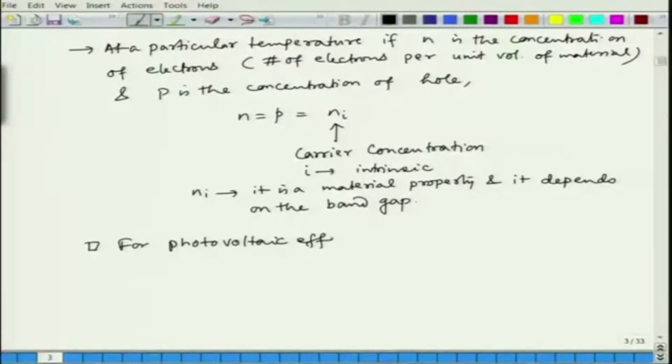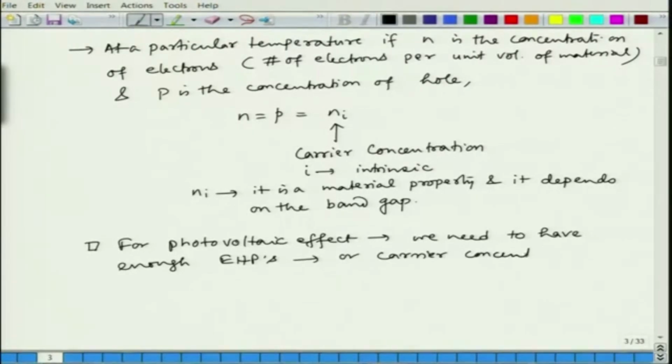How much voltage you will generate, or given a voltage how much current you will generate, will depend on the carrier concentration that is available. So, for the photovoltaic effect we need to have enough of these electron hole pairs, or carrier concentration.